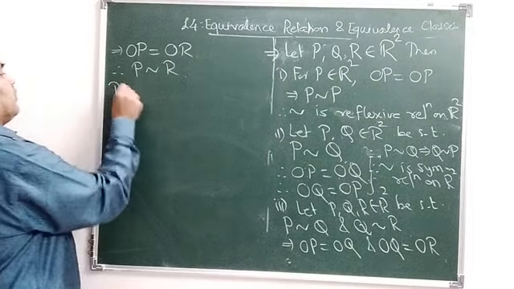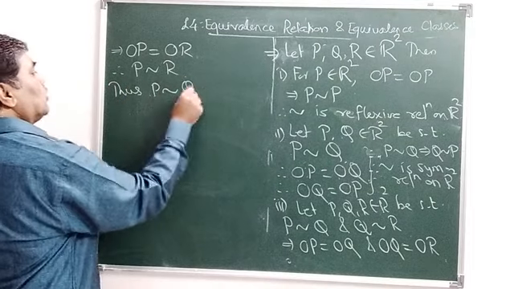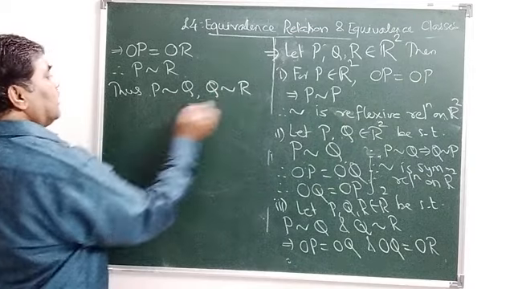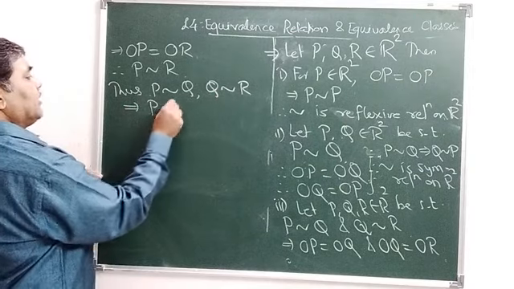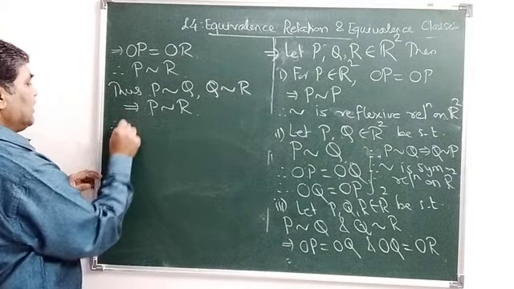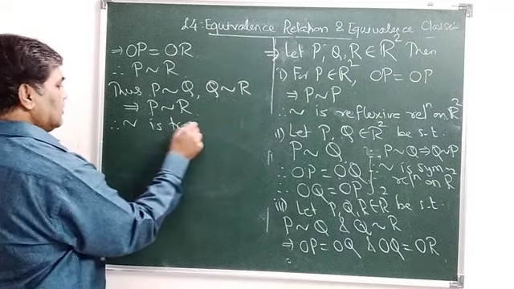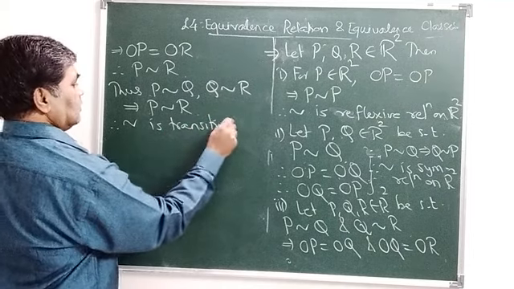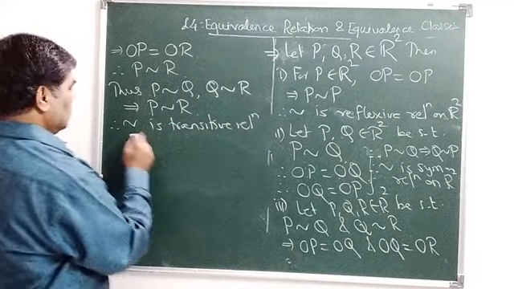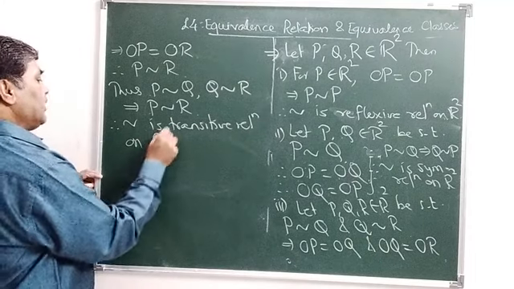So P related to Q, Q related to R implies P is related to R. Therefore tilde is a transitive relation on the XY plane, or R2.